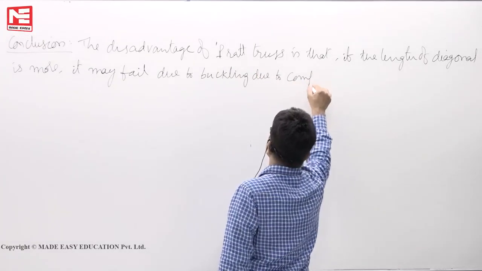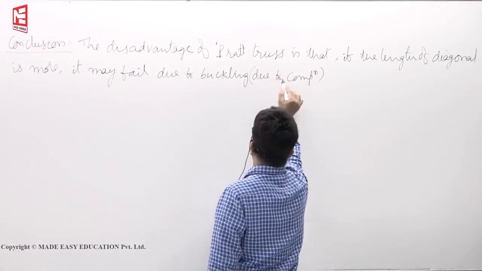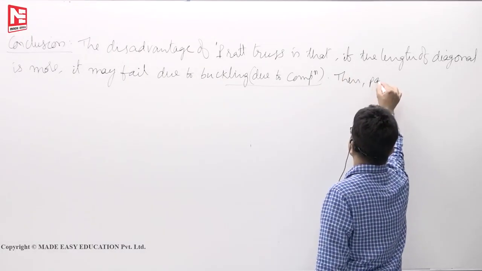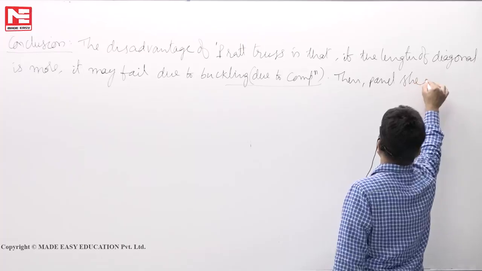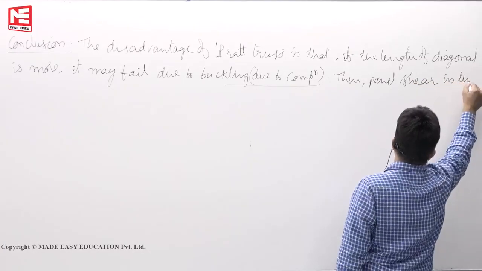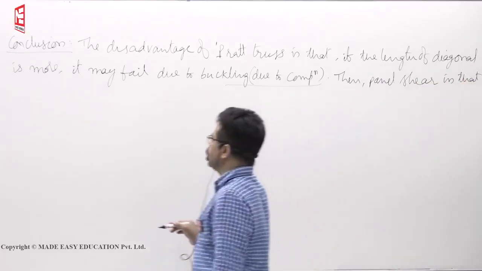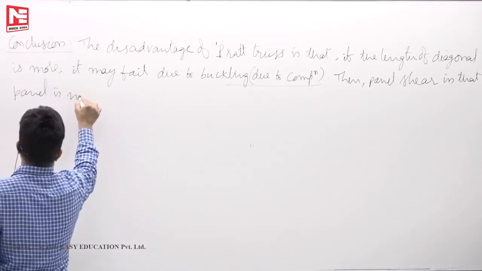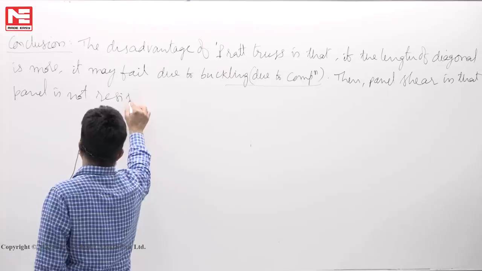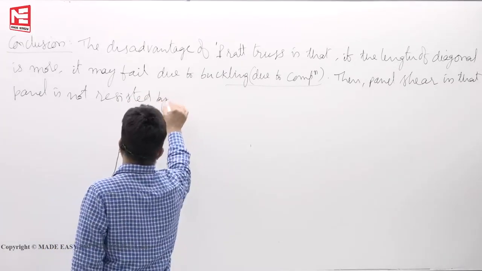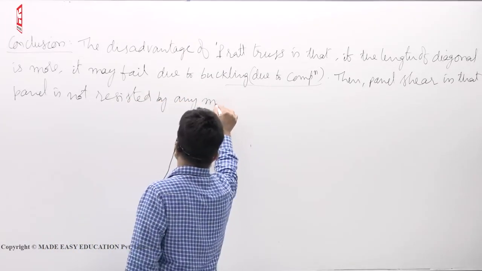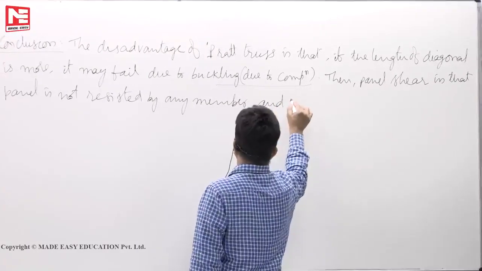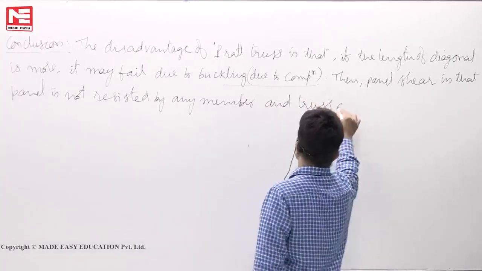That buckling is due to compression. Then the panel shear in that panel is not resisted by any member and the truss collapses.